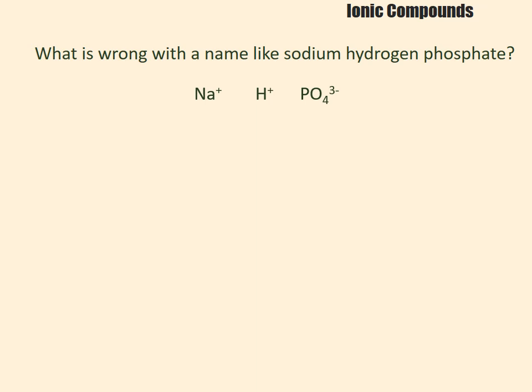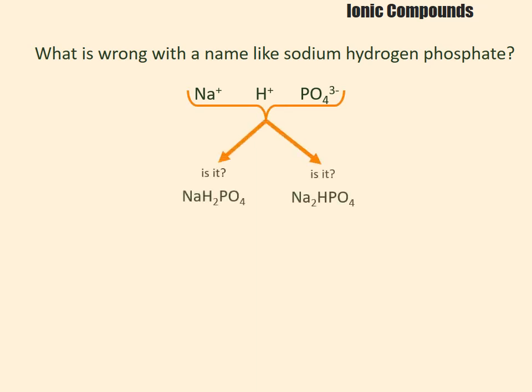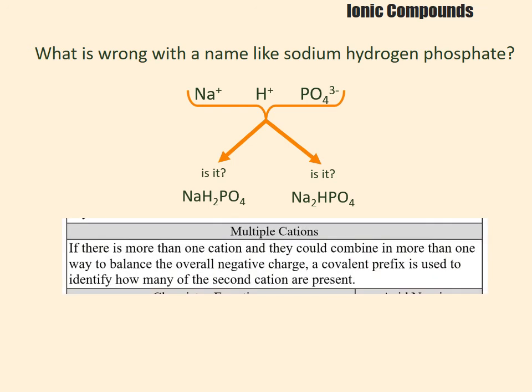So again, if it says just sodium hydrogen phosphate, well, when they come together, does it form NaH2PO4 or Na2HPO4? Well, luckily, there's something in the data table for that.